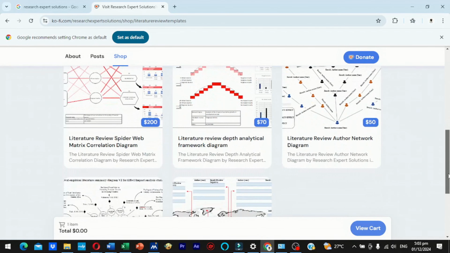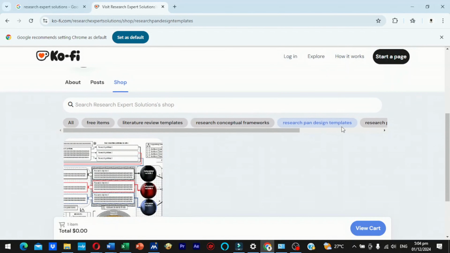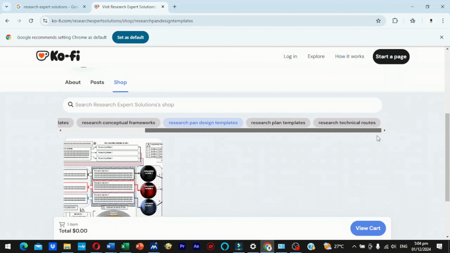We also have different types of research conceptual framework templates that you may be interested in, with the prices. Notice that the other difference is that if you're buying things on Ko-Fi, the prices are in dollars. But if you're buying things directly from our website, the prices are in Zambian kwacha. So that's more like an advantage for Zambian customers.